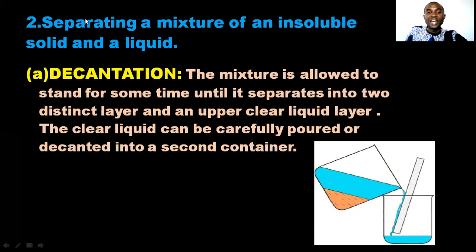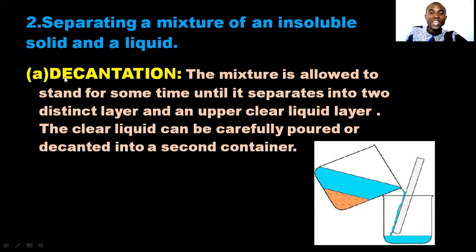Decantation is in the group of separating a mixture of an insoluble solid and a liquid, a solute, which is a solid that is not soluble in water. When you decant, that solute will remain when the solvent is poured out.